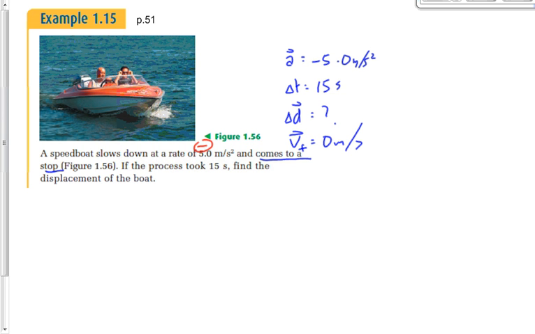Is this group A or group B? Constant velocity, or is this acceleration? Acceleration includes deceleration, by the way, as well, right? George, is your hand up there? It's group B. It's acceleration, right? Which one of those group B equations do you want to try first?